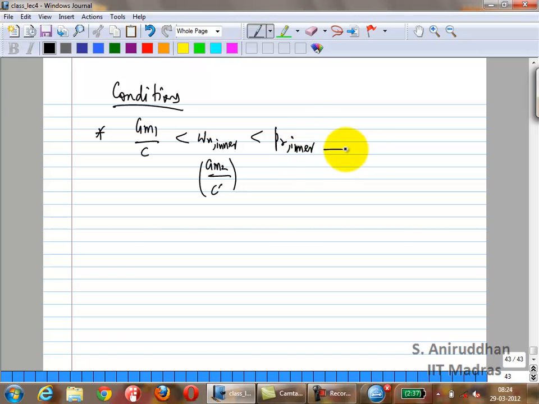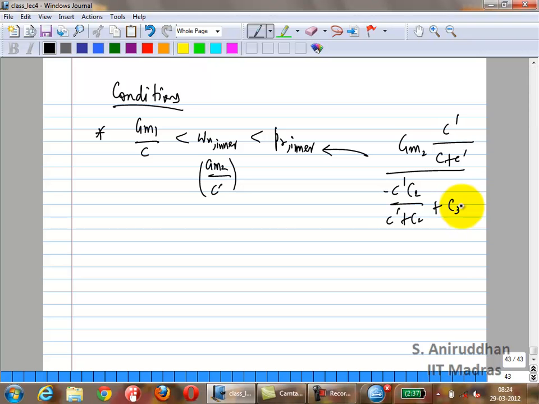What was P2 inner? It looks something like this. If you remember, GM2 over C prime over C plus C prime over something like this. You can go back to your 2-stage op amp, find out what the first non-dominant pole was. It looks something like this.